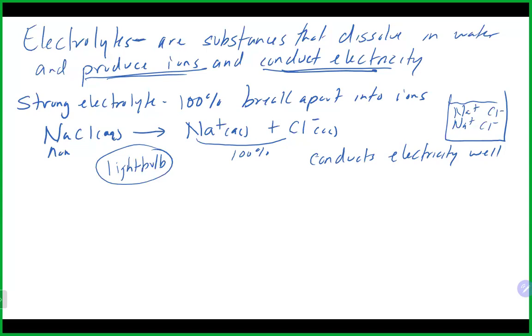If you put those electrodes into a strong electrolyte solution, it's going to turn on, and it's going to be very, very bright. It's going to have no problem conducting electricity, and you'll have a lot of light. Pretty much all ionic compounds are strong electrolytes. All ionic solutions are strong electrolytes.